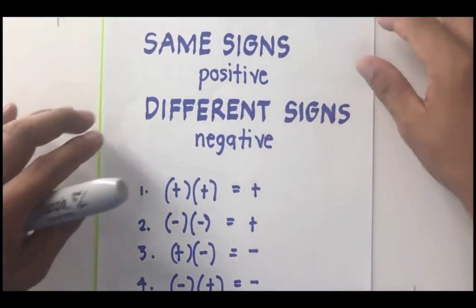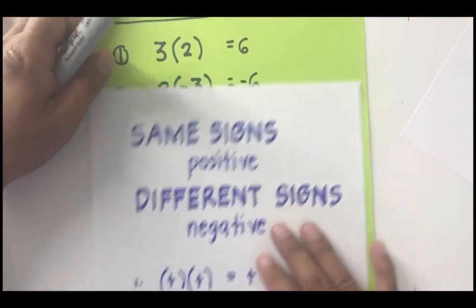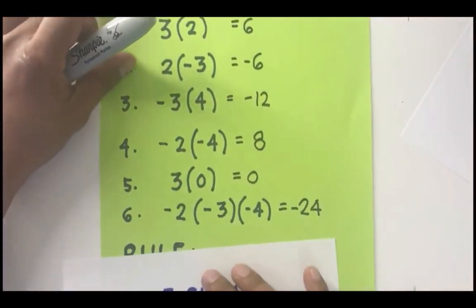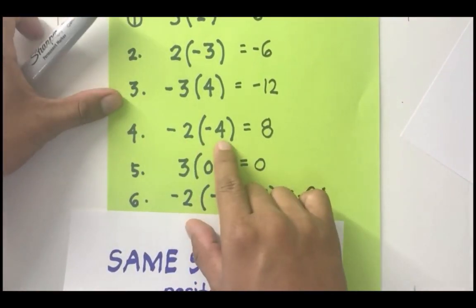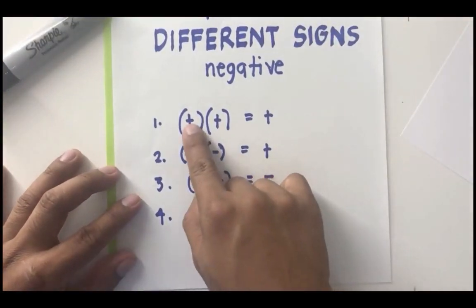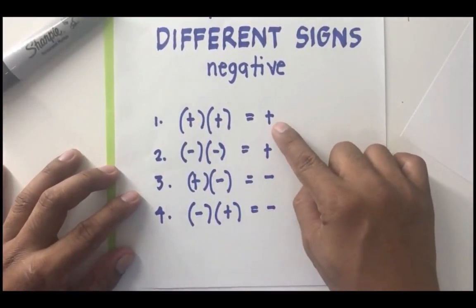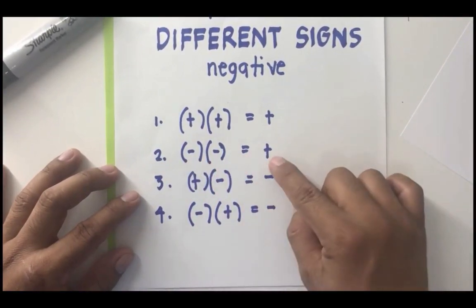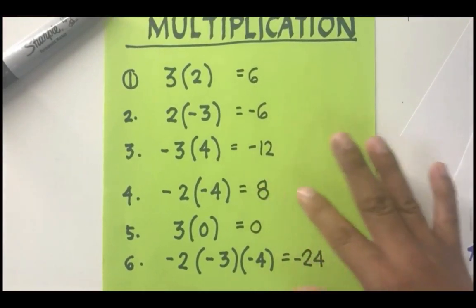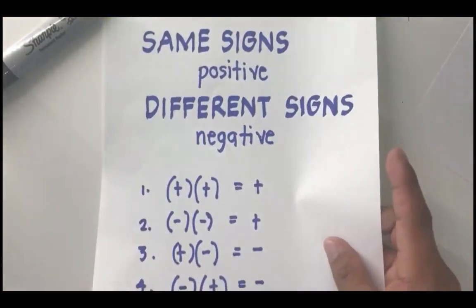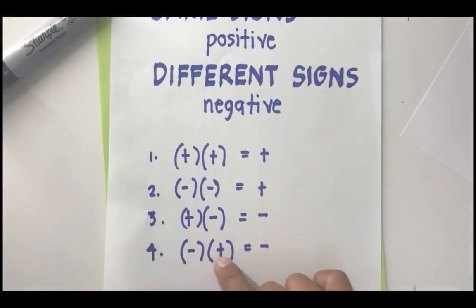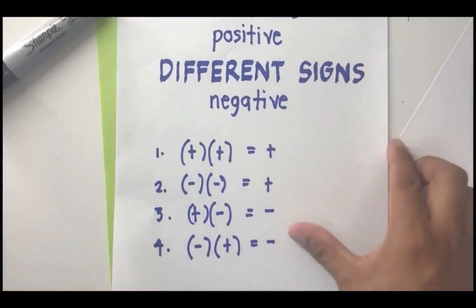When you multiply integers with the same sign, both positive, 3 times 2, the answer is positive. Both negative, negative 2 times negative 4, the answer is also positive. That can be verified by our observations here. And then, different signs, meaning one positive and one negative, the product is negative.